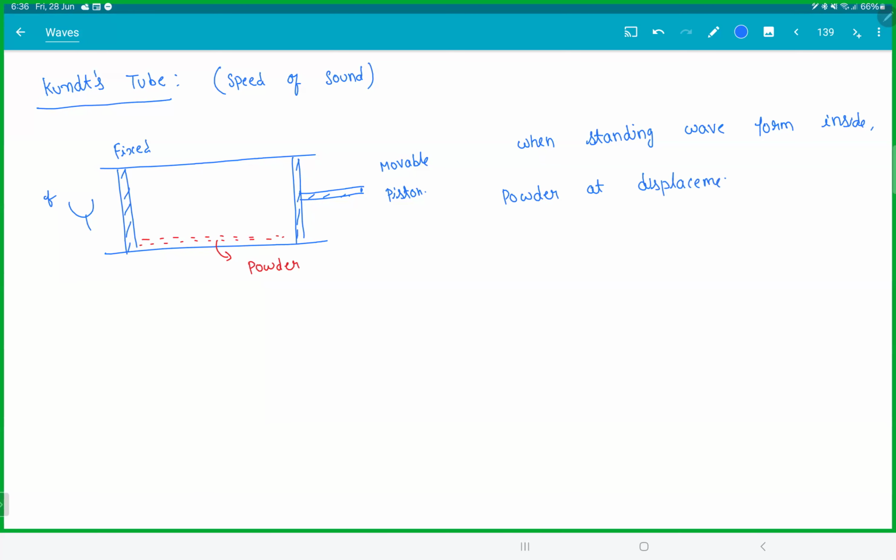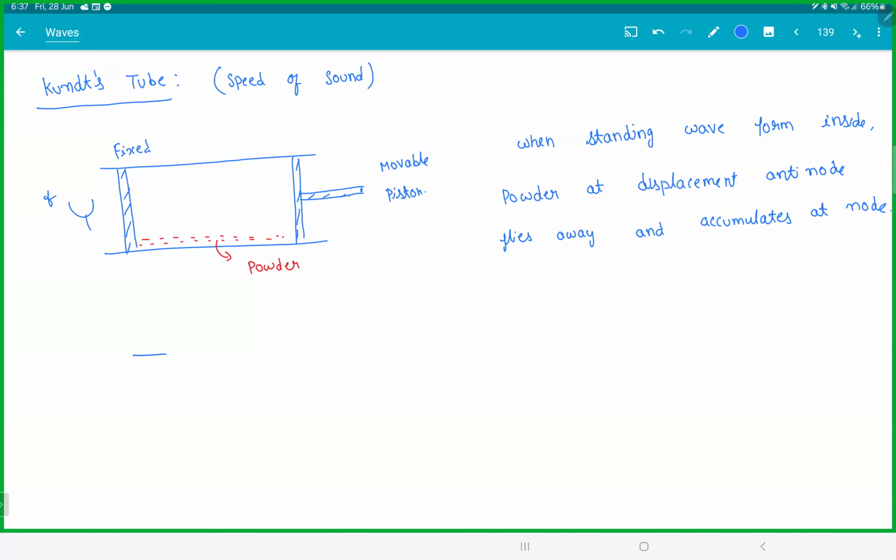Particles at that point have maximum displacement. So if you keep powder at the antinode, it's going to fly. And if the powder flies, what will happen? It will start going away from there, flies away, and accumulates at the node. Because the powder at the nodes will never move, eventually the nodes will collect more and more powder.